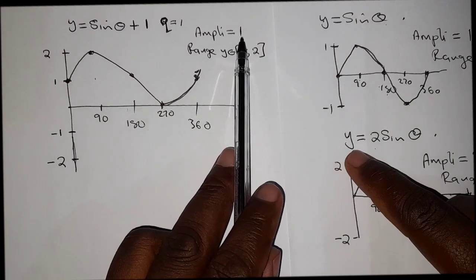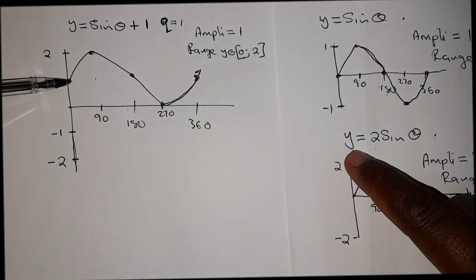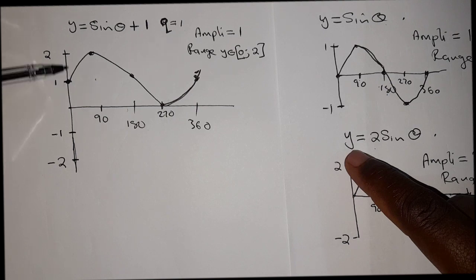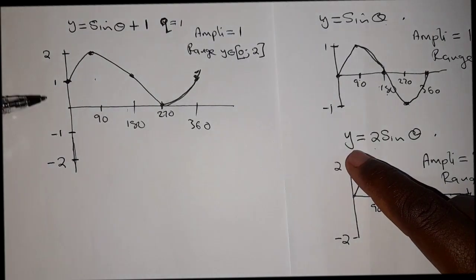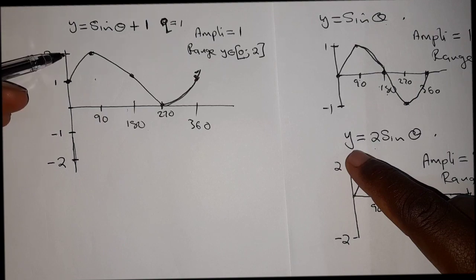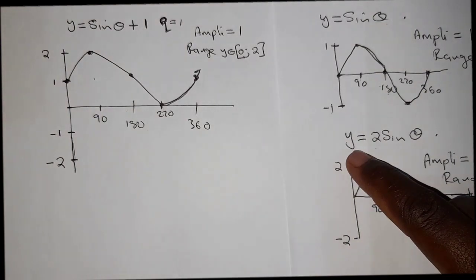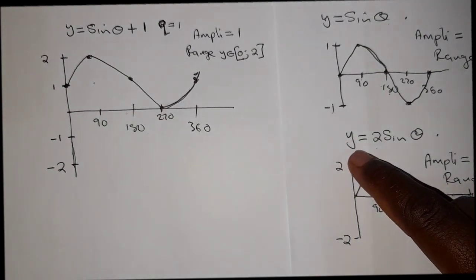My amplitude is still 1 because we are saying from the central part here we are going one step up and one step down. So my amplitude is still 1, but the range is now from 0 to 2. That is the y values, right?